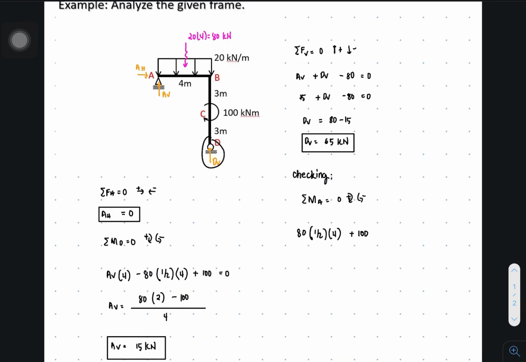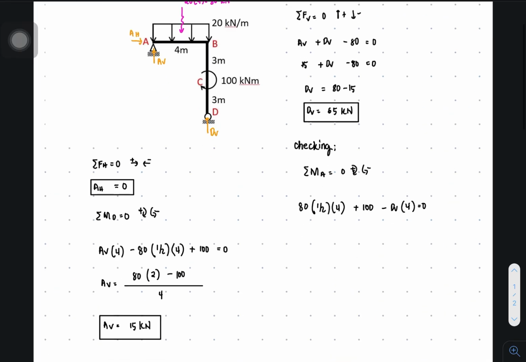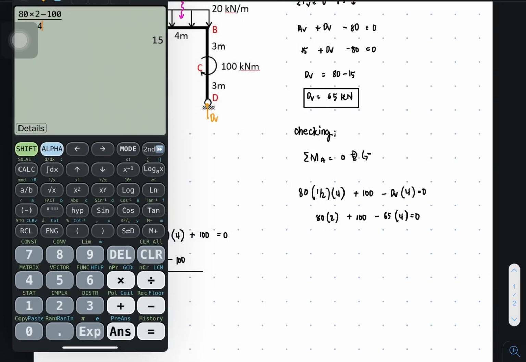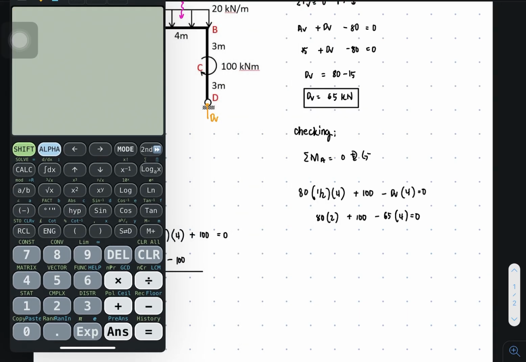And this one, it's counterclockwise about point A. So it's negative DV times 4 equal to 0. You have AV times 2 plus 100 minus DV, which is 65, times 4 equal to 0. We're expecting the value of this equation to be 0 to check whether our answers are correct or not.